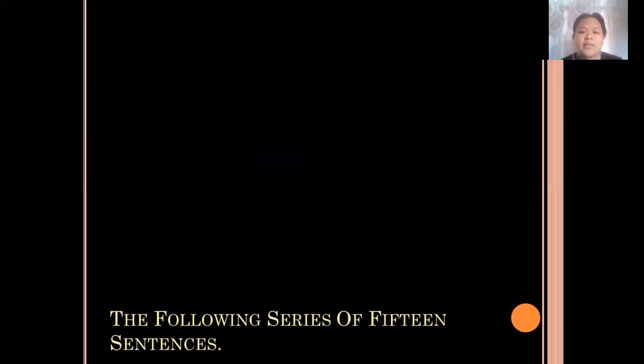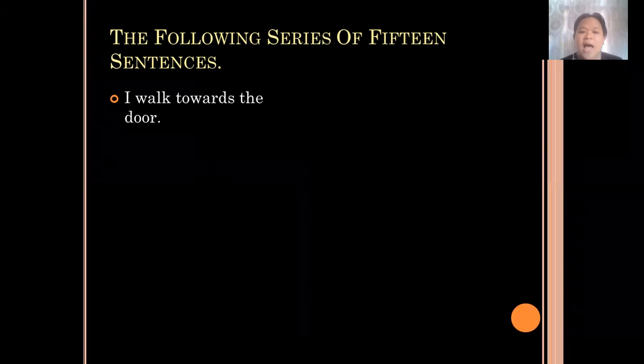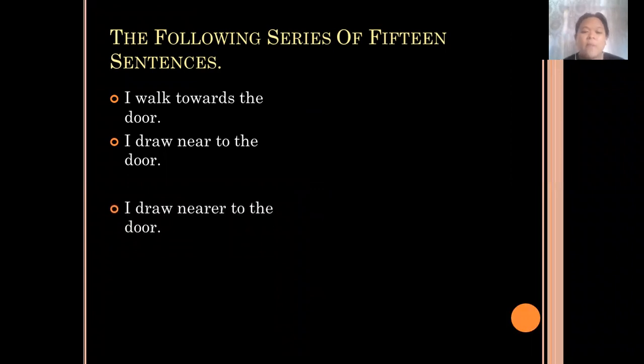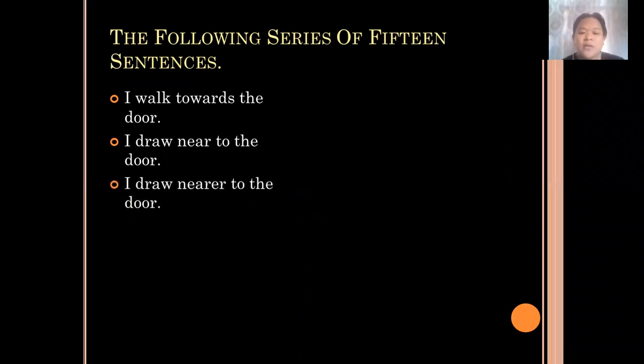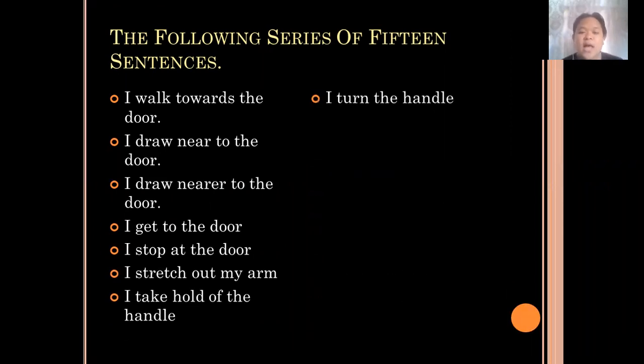Okay, the next is the following series of 15 sentences. I walk towards the door. I draw near to the door. I get to the door. I stop at the door. I stretch out my arm. I take hold of the handle. I turn the handle.